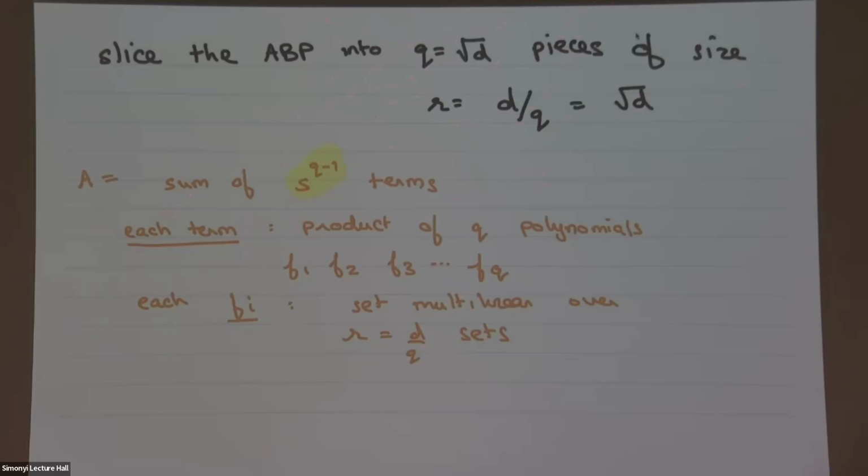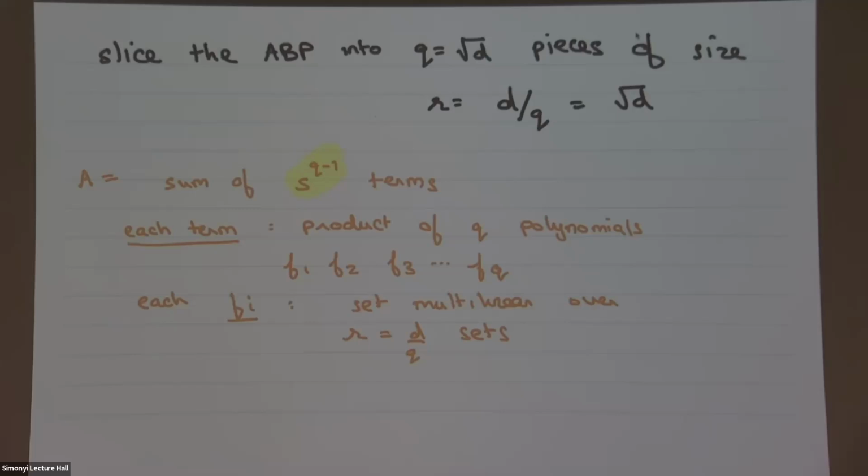So when I cut it into so many pieces, my final output is a sum of products of polynomials. But the number of summands I have is S to the Q minus 1. It was S for 2 pieces, S square for 3 pieces, and for Q pieces I get S to the Q minus 1.